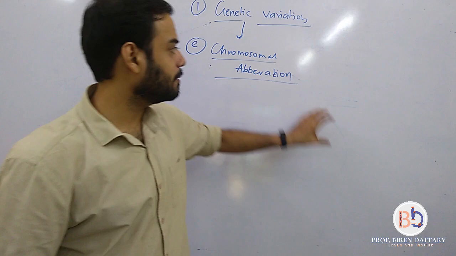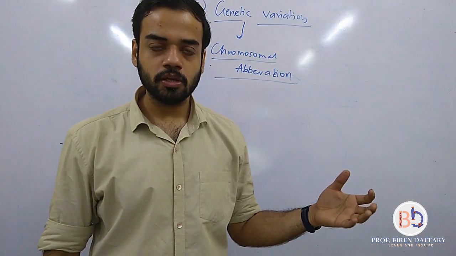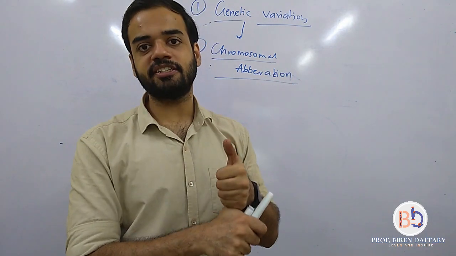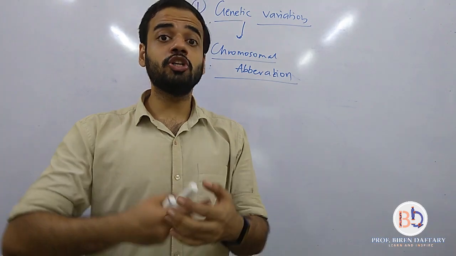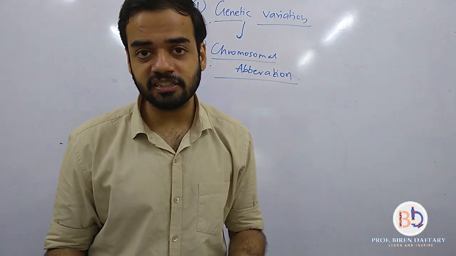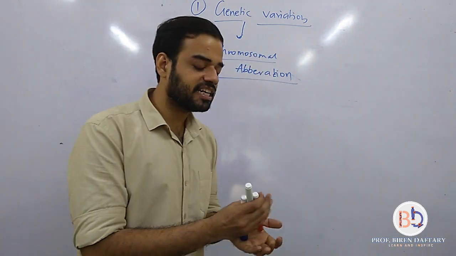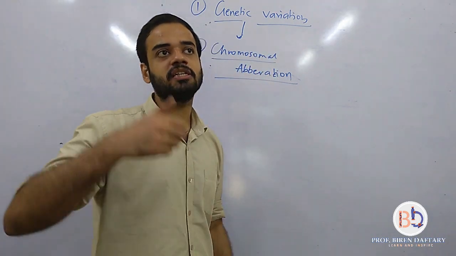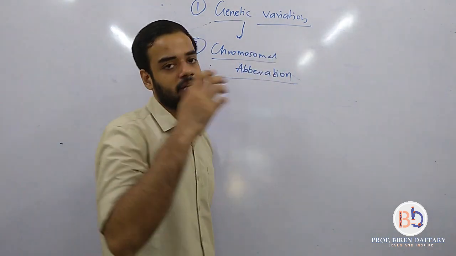So chromosomal aberration means there is a structural damage to the chromosome. So the shape of the chromosome might change, the structure of the chromosome might change, the nucleotide sequence obviously it will change. So that is called as chromosomal aberration, a damage done to the chromosome in either structure, shape or nucleotide sequence is called as chromosomal aberration.